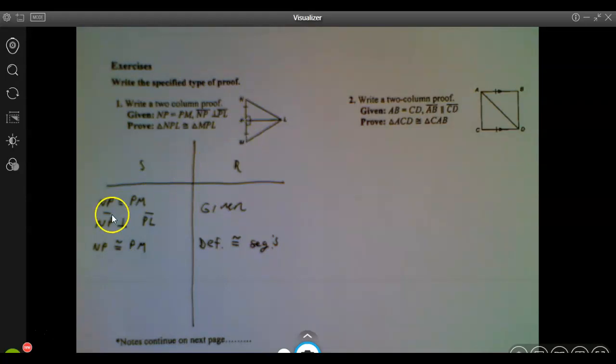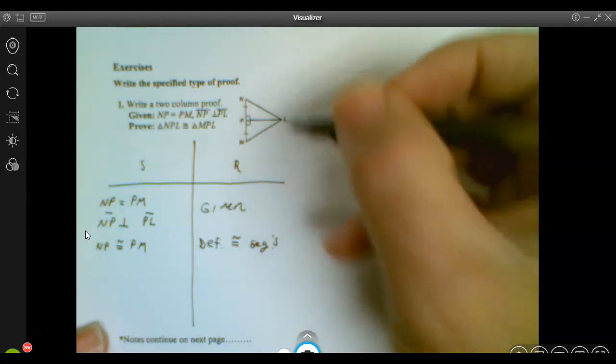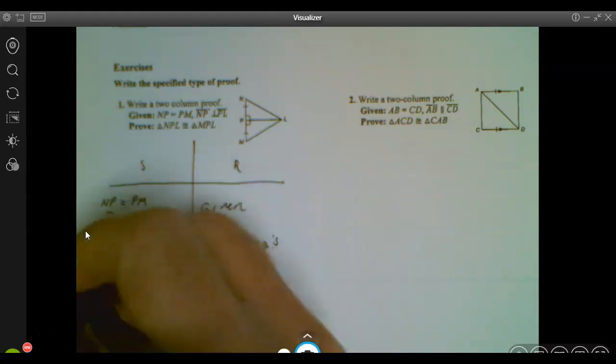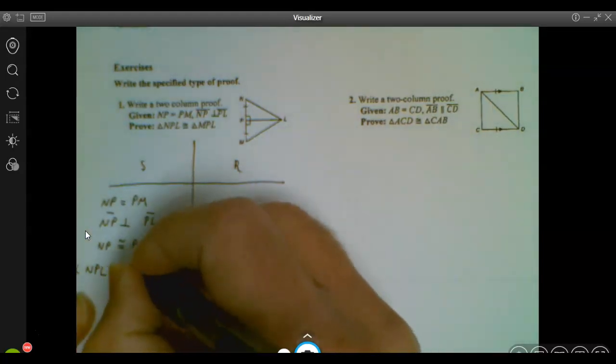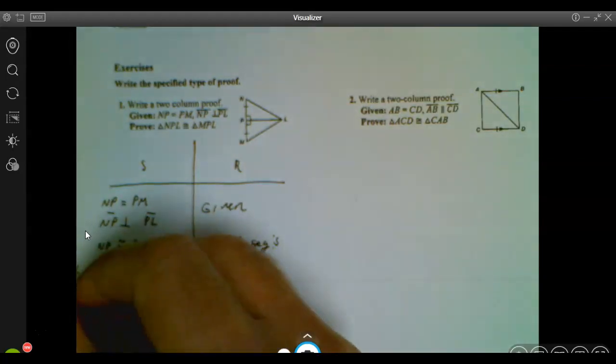I'm also looking at this, and if you look at the bottom of page 48 in our textbook, it says that the definition of perpendicular lines says that they create 4 right angles, right? And so I can use the definition of perpendicular lines to say that angle NPL is a right angle, and angle MPL is a right angle.